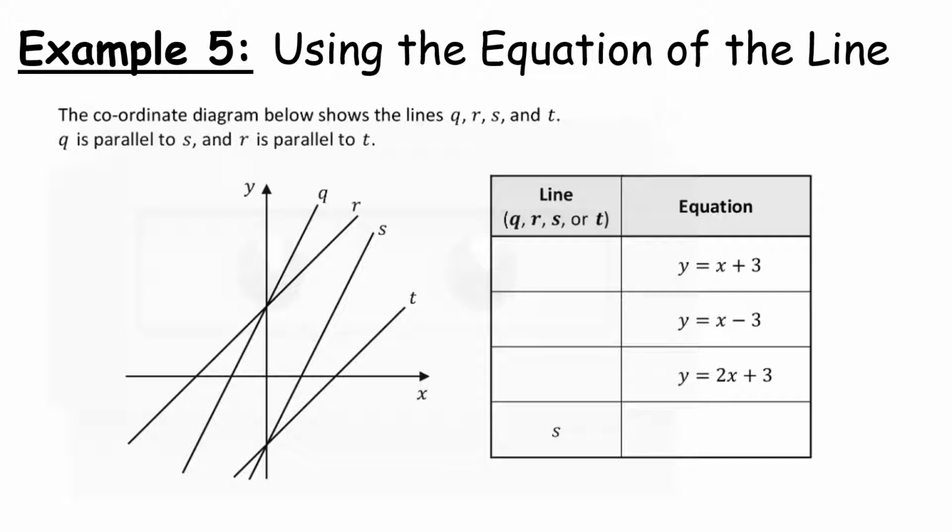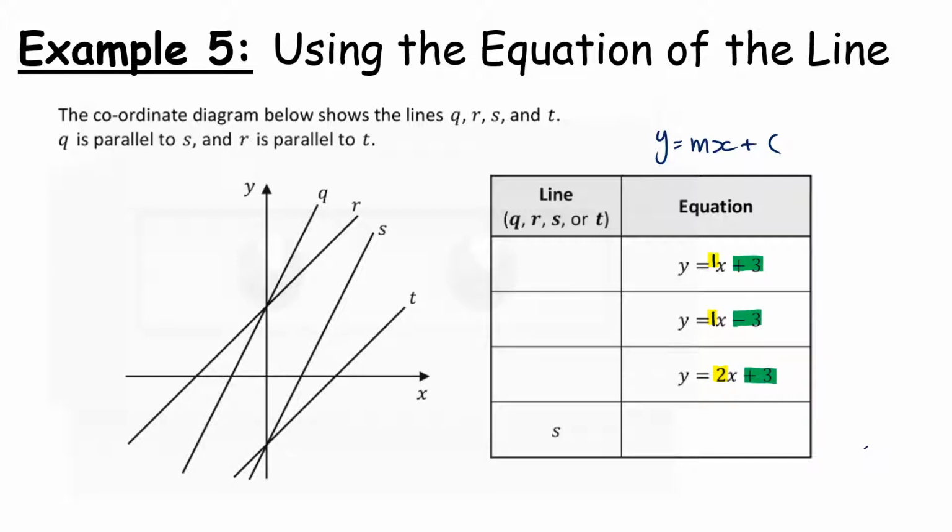Now let's use the equation of the line, similar to what we had done before, but now we're given a diagram and we need to do a little bit of matching. Just like before, I'm going to work through this and say y equals mx plus c. All of them are y, so that's good. The coefficient of the x tells me the slope, and the second piece of information is the y-intercept.